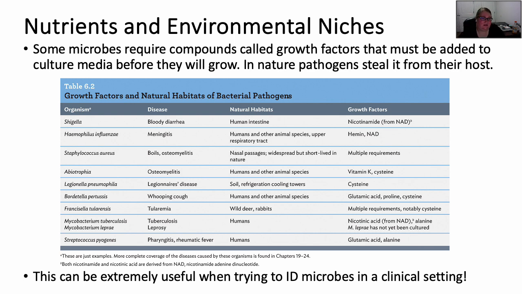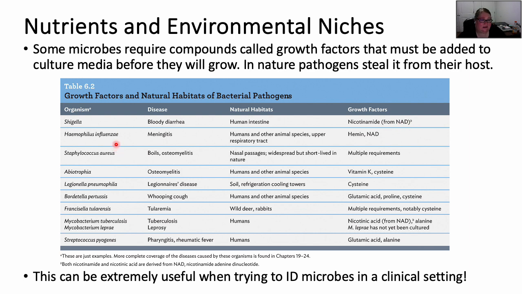That's because Haemophilus influenzae needs things that it has to gather in order to grow and divide. Pathogens are going to be stealing these growth factors from their host in order to grow and reproduce. Like Shigella, which produces a toxin that causes bloody diarrhea, uses NAD, so nicotinamide. We'll talk more about NAD in a later chapter and exactly what it is.